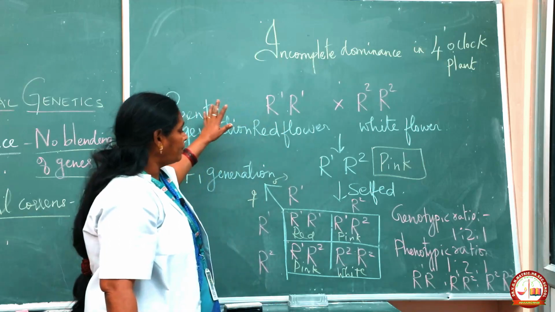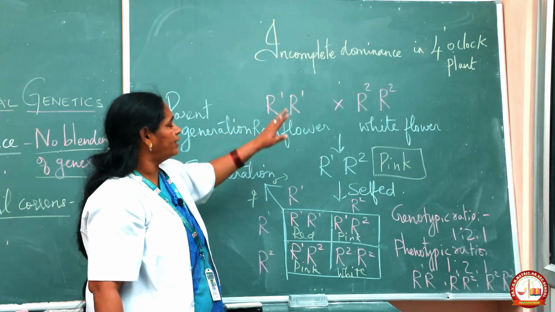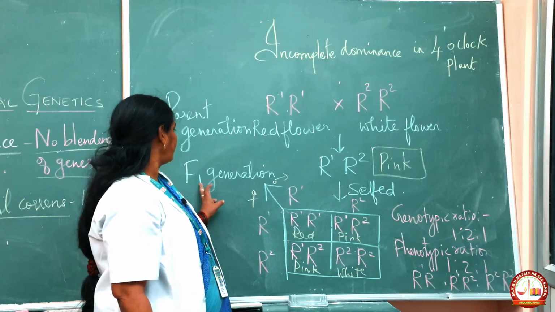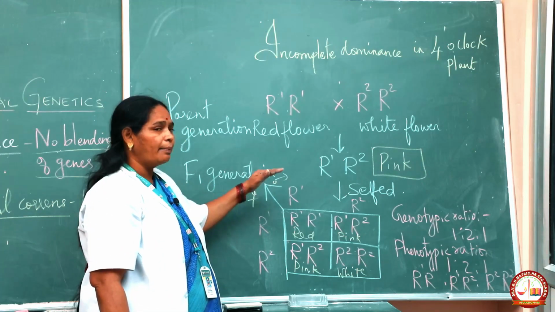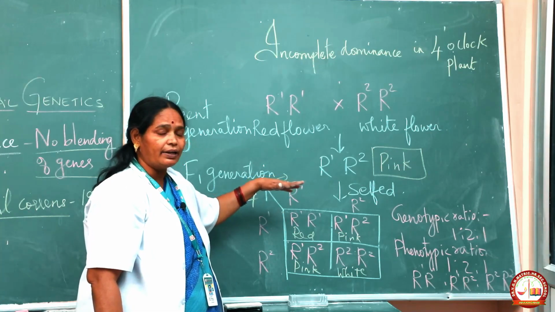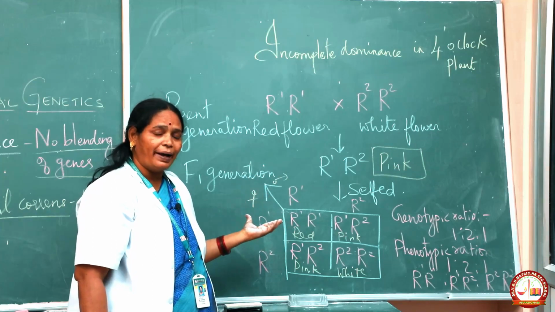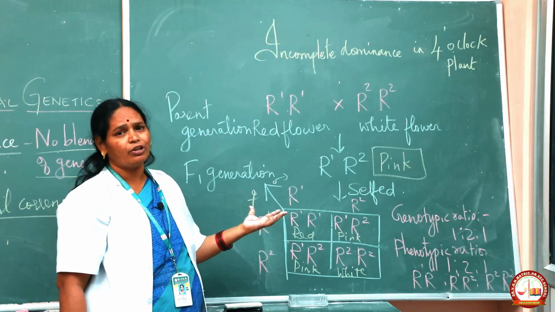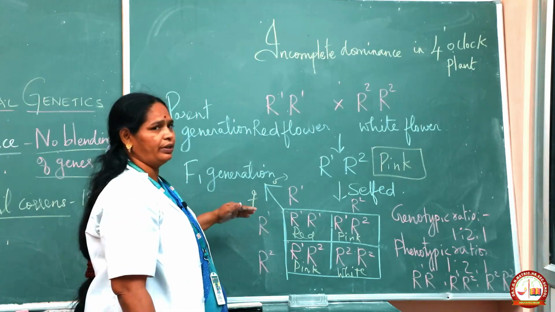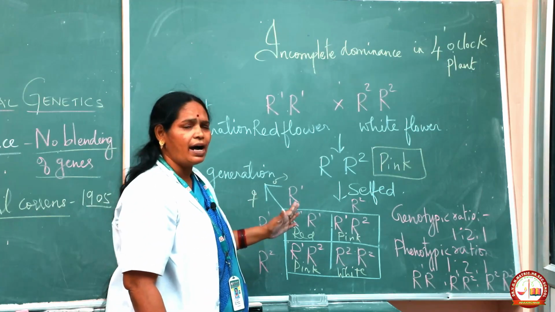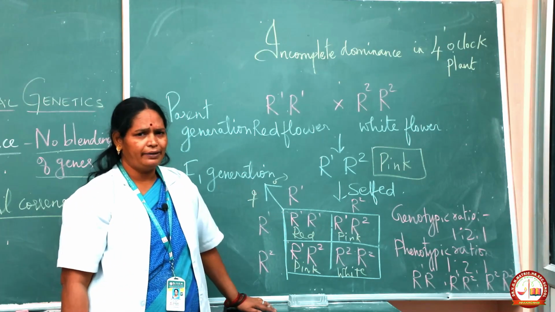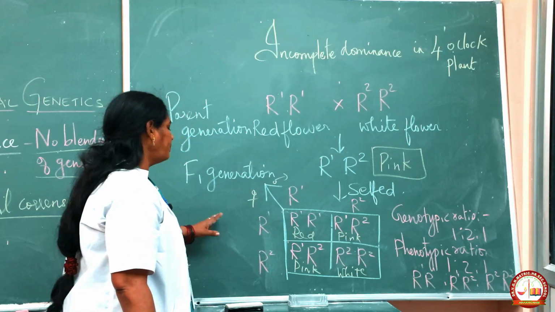Children, again I am repeating: in incomplete dominance, the dominance is not completed. That's why we get pink color in the F1 generation. The pink coloration denotes that the parent shows its dominance only partly, thus producing a separate color, pink. This is called incomplete dominance.